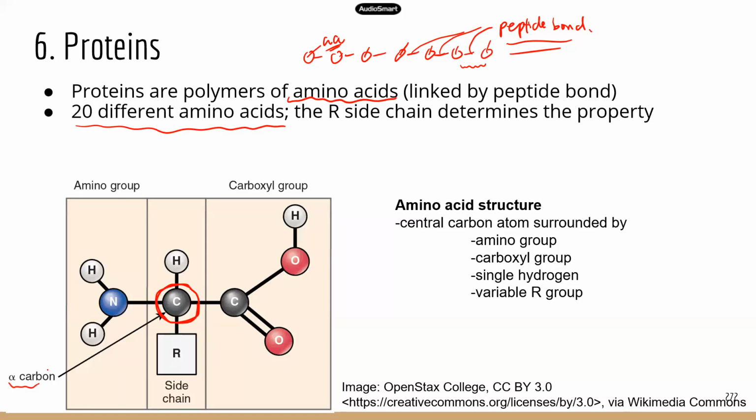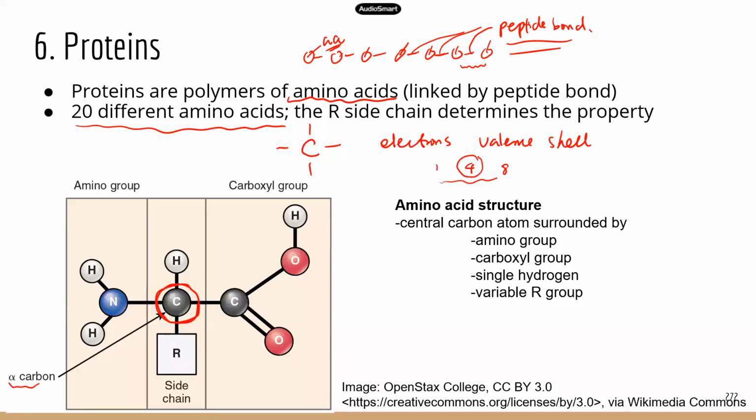It's also known as the alpha carbon. Carbon can have 4 covalent bonds, and that's because carbon has 4 electrons in the valence shell. It's a number in between 1 and 8, kind of in the middle, so 4 is right here.